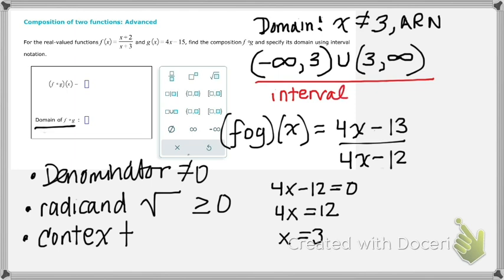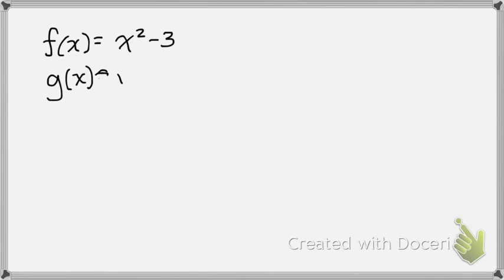All right, okay, so I need to look at another case here that brings up a bit of a challenge. Say f of x is equal to x squared minus 3, and g of x is equal to the square root of x minus 5.